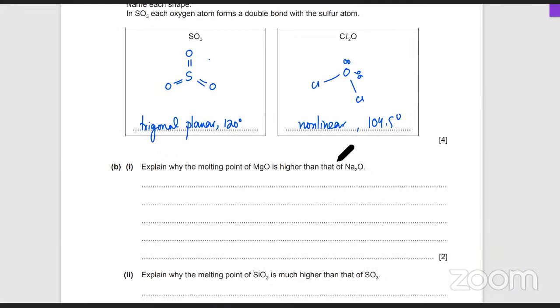Explain why the melting point of MgO is much higher than Na2O. First thing, is this ionic? It's obviously ionic. ठीक है, तो क्या reason है? क्यों है उसका melting point higher? सर, charge density ज्यादा है MgO की। ठीक है, exactly. Both of them are ionic, they're giant ionic lattices.